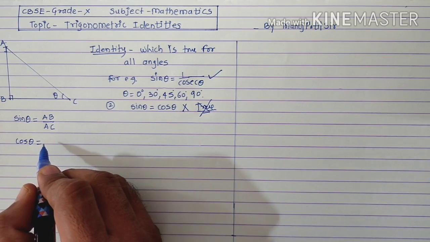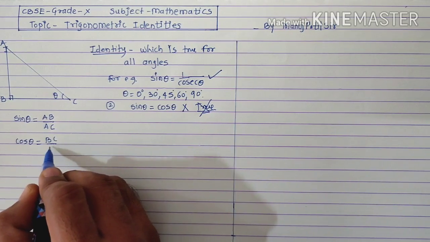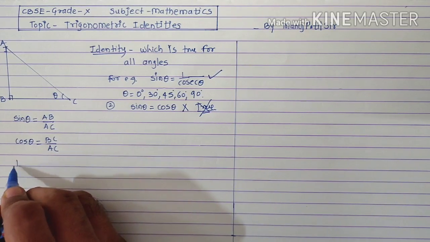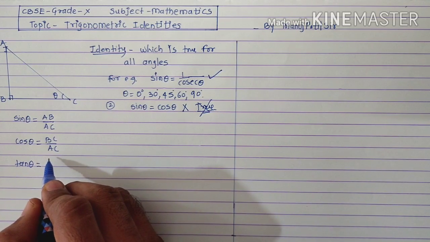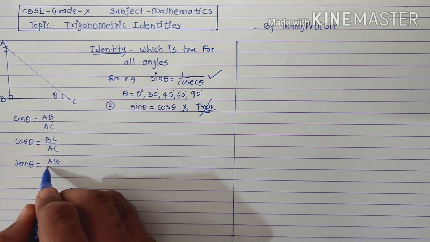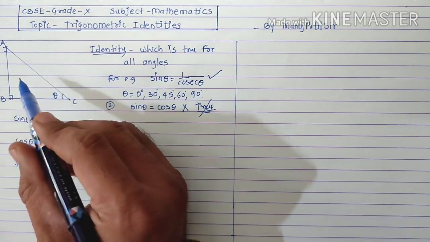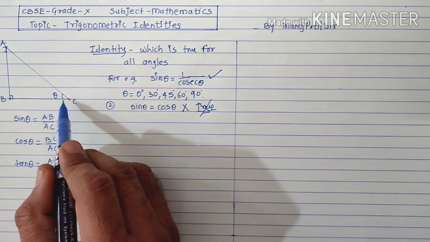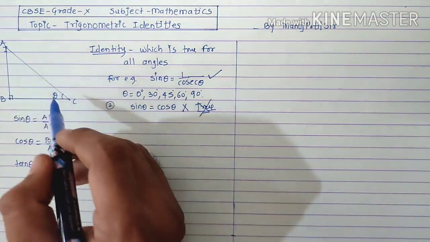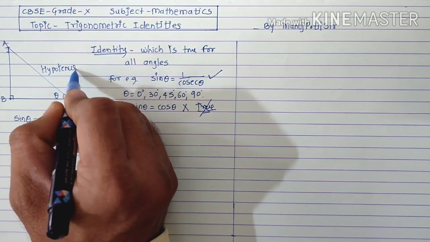Cos theta is adjacent side upon hypotenuse, that is BC upon AC. And tan theta is opposite side upon adjacent side, AB upon BC. So for this angle theta, AB is the opposite side, BC is the adjacent side, and AC is the hypotenuse.